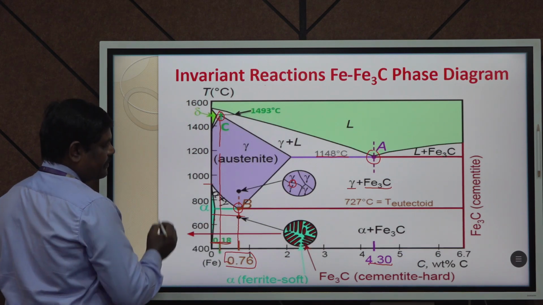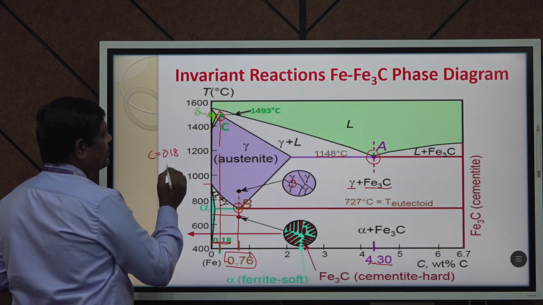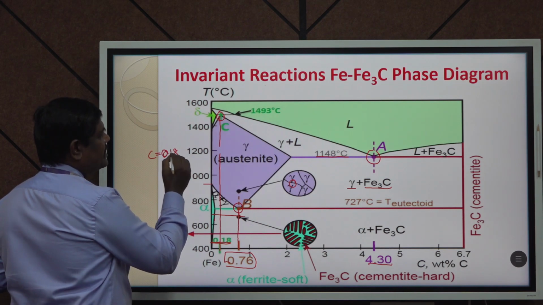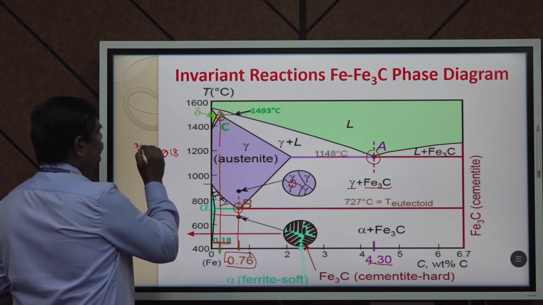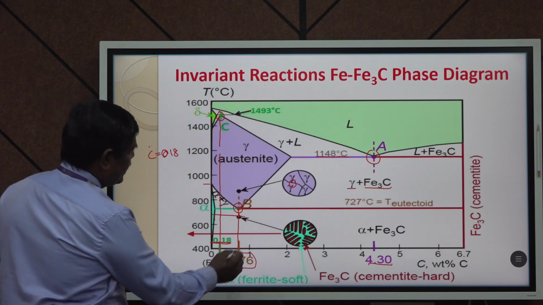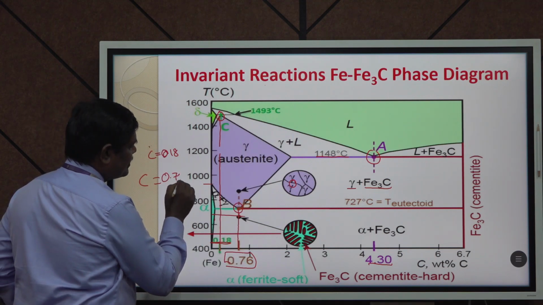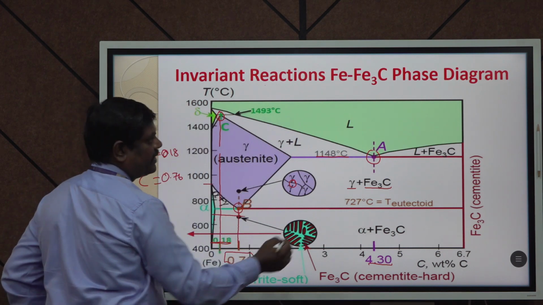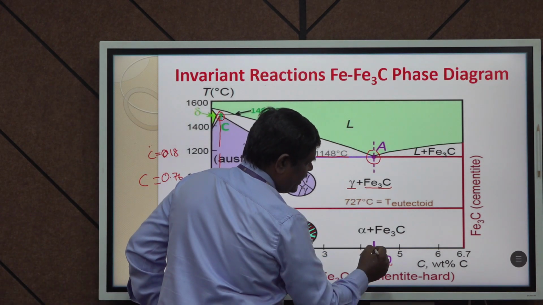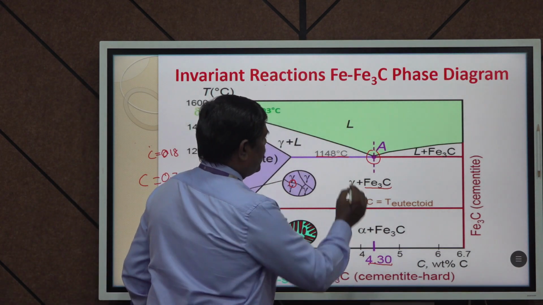So, approximately 0.18 percentage carbon content is called peritectic. And here at B, carbon addition C equal to 0.76 is called the eutectoid point, and similarly point A, 4.3 percentage, we call the eutectic point.